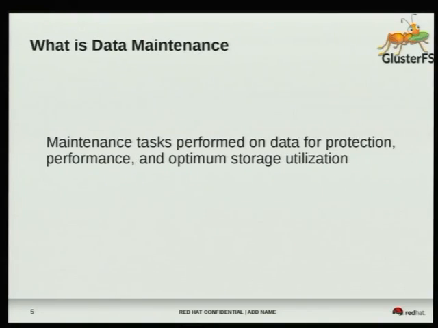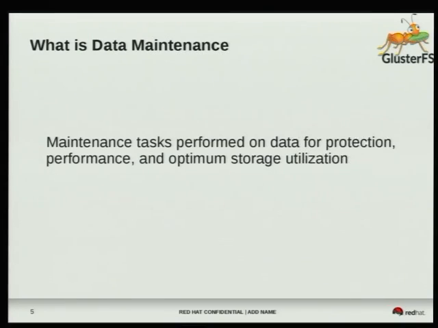What is data maintenance? When we talk about a file system, especially a distributed file system, you have all your data scattered across your cluster. And you need to run maintenance tasks on your data for data protection, for performance, and optimal storage utilization. For example, for protection, you can think of a compliance use case.